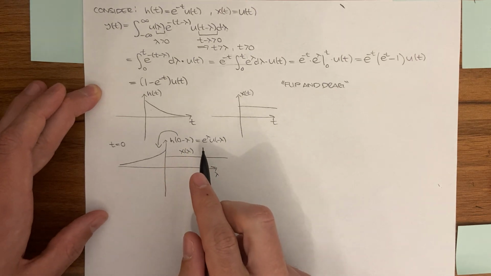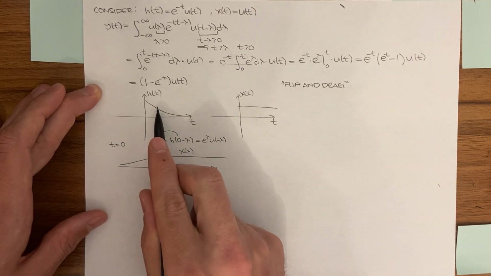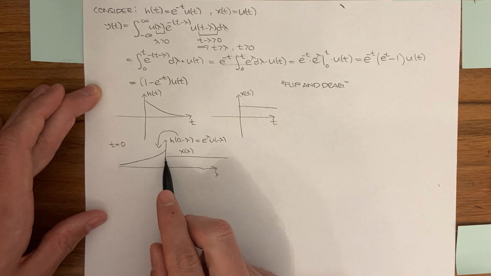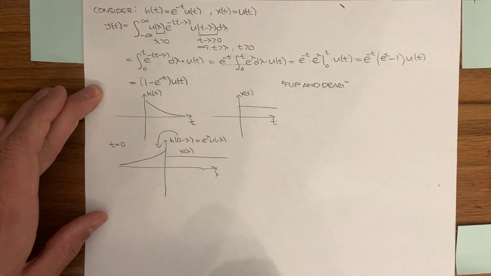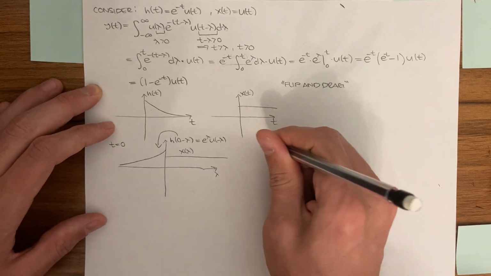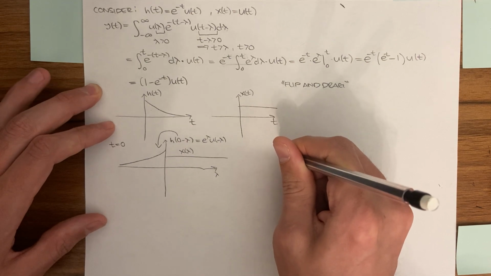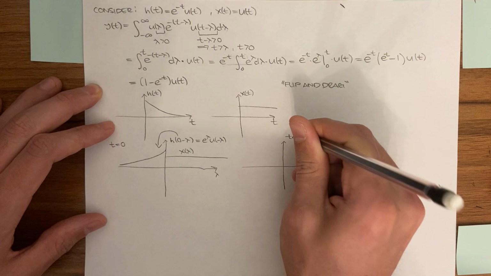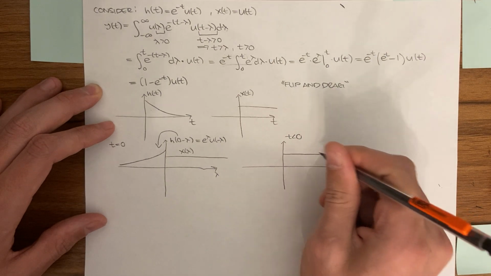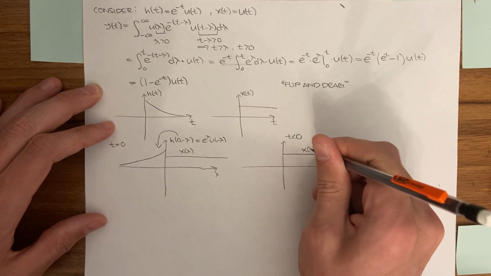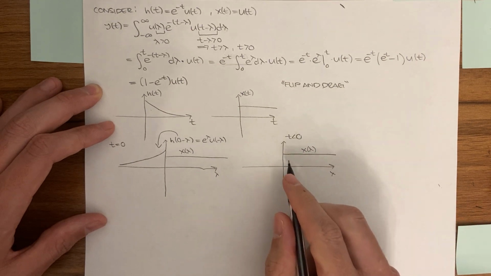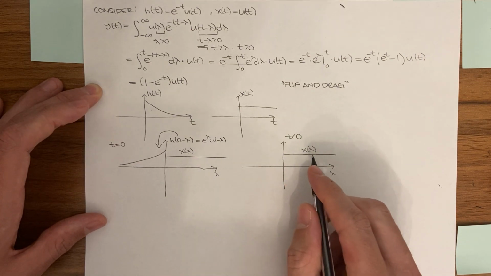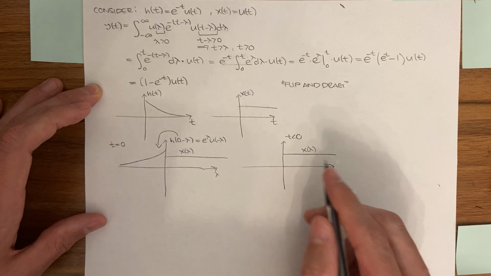We took what would normally be a decaying exponential and flipped it across the y-axis. Now we're going to start to drag. Any time t is less than 0, x of lambda doesn't move, because x is purely a function of lambda, so nothing changes there.